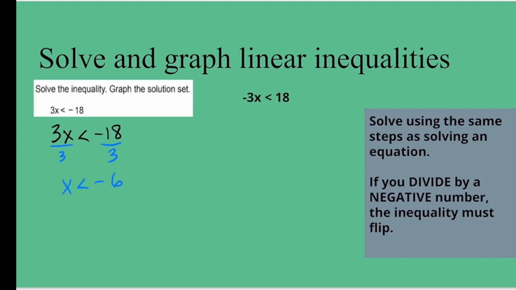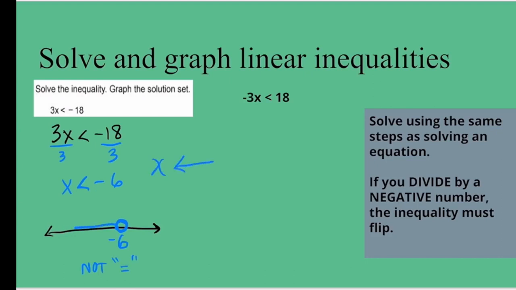Again, in graphing an inequality, I want to make sure that I have negative 6. I'm going to have an open circle at negative 6 because there is no equal sign, so it's not an equal to. And my variable's on the left. If x is on the left, that inequality is telling me which way to graph.